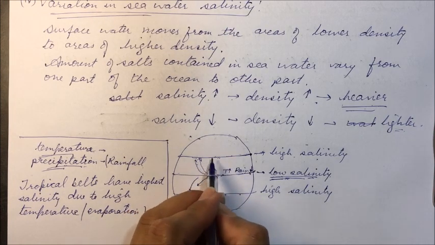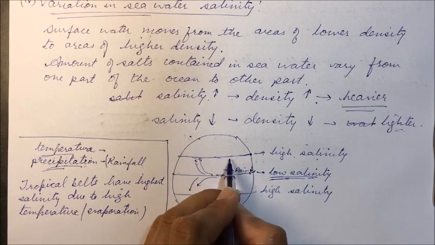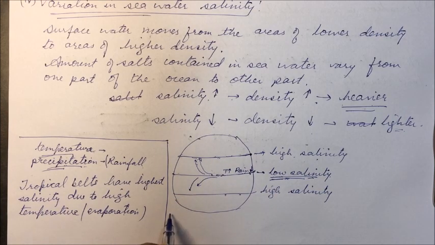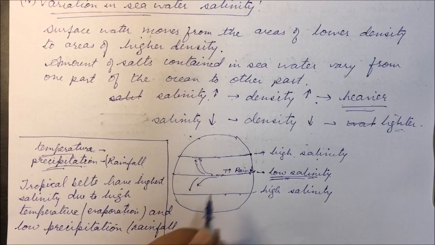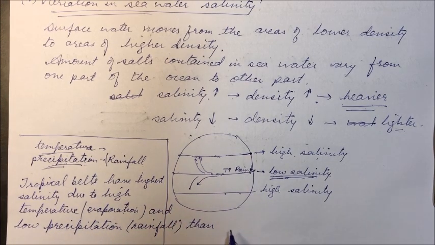So water is lost in the tropics because of evaporation, and that's why there is high density of water here. High salinity is there, and that's why density increases, evaporation and low precipitation, that is rainfall. So here rainfall is not able to compensate for the evaporation as compared to the equatorial region.